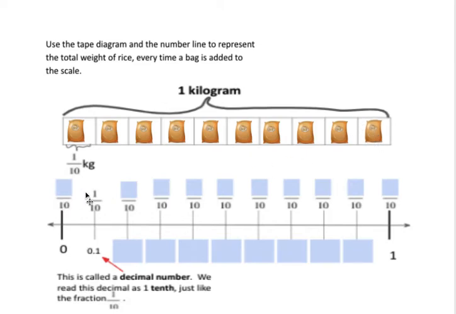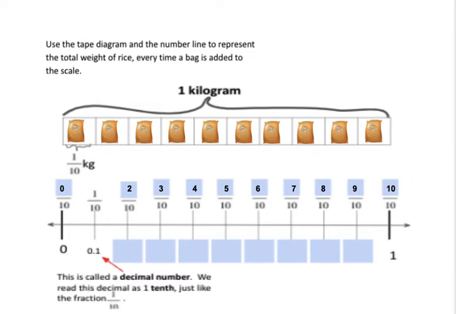So in completing this number line, we're seeing here that we're counting by tenths, right? We start at 0. So we have 0/10, then 1/10, 2/10, 3/10, 4/10, 5/10, 6/10, 7/10, 8/10, 9/10, 10/10, or a whole. The same thing here. This is called a decimal number. We read the decimal as 1/10, just like the fraction 1/10.